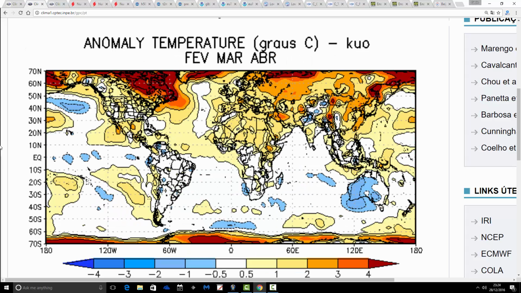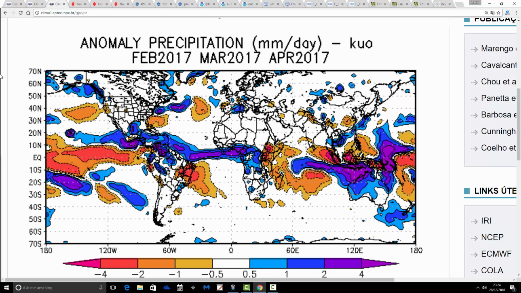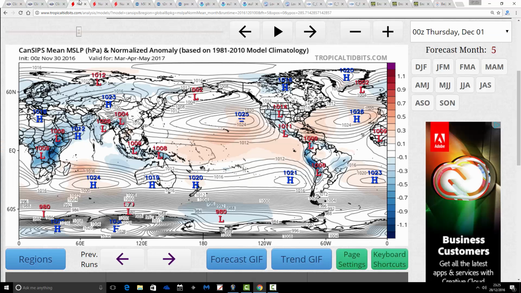Indeed, temperature anomalies from February through to April, with the Brazilian model coming out significantly milder than average, and the precipitation anomaly coming out close to average, maybe hinting at being a little bit wetter than average, especially so for the west, which you would expect, of course, because it is an Atlantic-driven spring. So a mild and fairly westerly Atlantic-driven early spring period, February to April, from the Brazilian model.